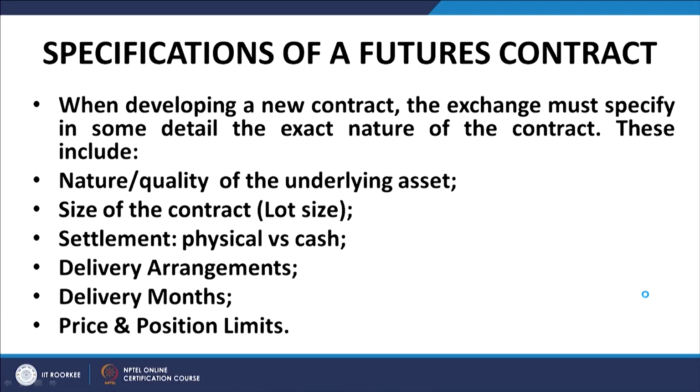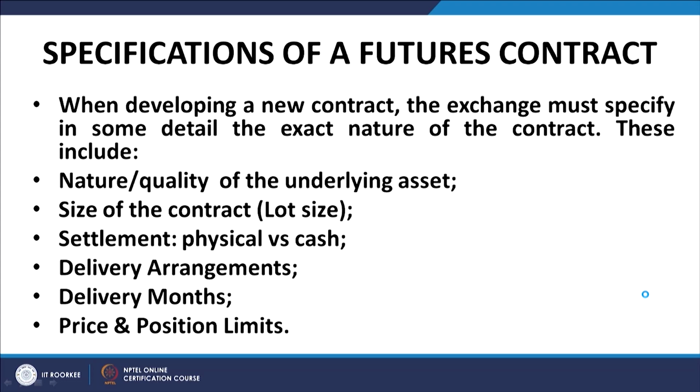Whenever a contract is notified by the exchange, as I mentioned, its terms have to be standardized, and once they are standardized, at least these fundamental constituents mentioned on this slide must be clearly spelled out in the futures contract: the nature and the quality of the underlying asset, the size of the contract, and the mode of settlement, whether it is physical settlement or cash settlement.